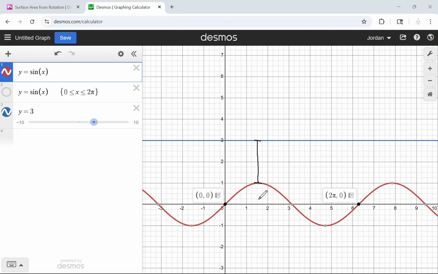If I want to use integration with respect to x, since the 3 is above my curve, I'm going to do 3 minus f of x, or 3 minus my function, which is sine of x. So 3 minus the expression, that'll be 3 minus sine of x. And then we'll be good to go.